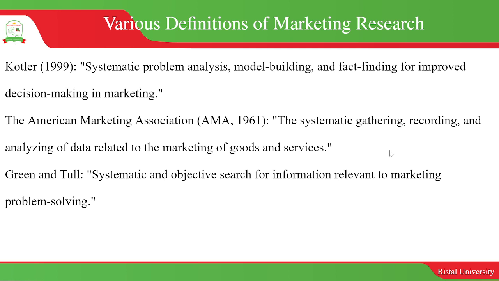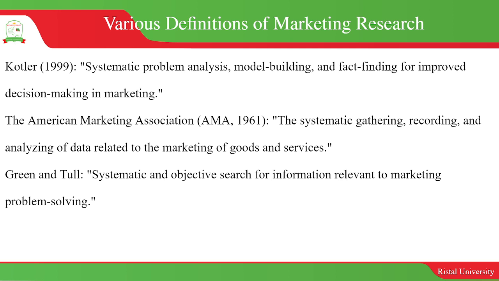You can see that the key terms in all the definitions are that it is a systematic process, that data is gathered, and that the data is used to inform decision making.